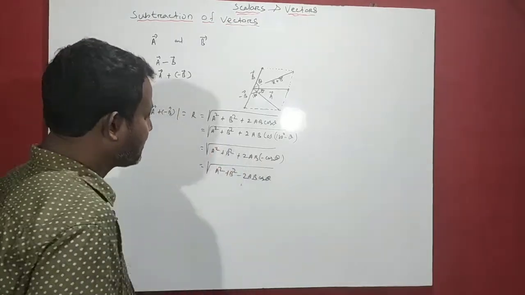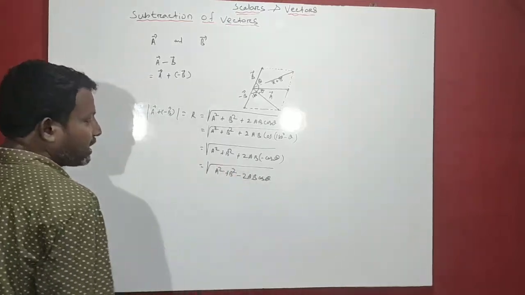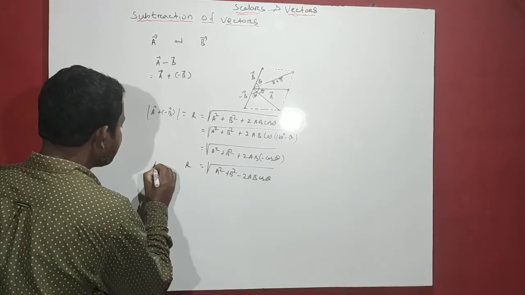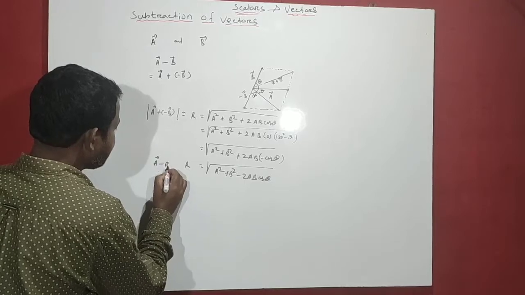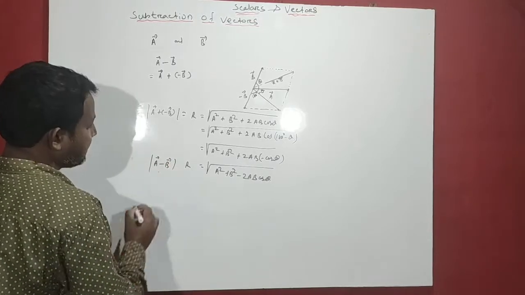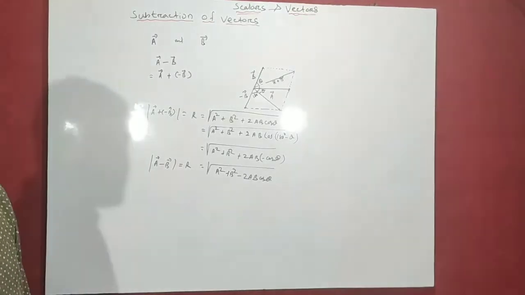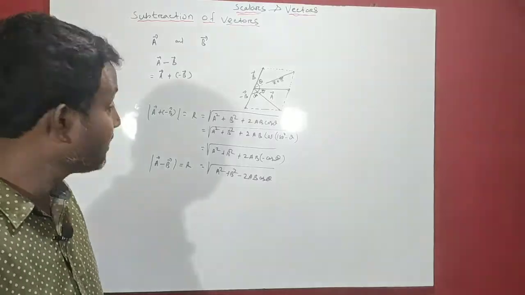This minus is shifted here. This is the magnitude of R, the magnitude of A minus B.